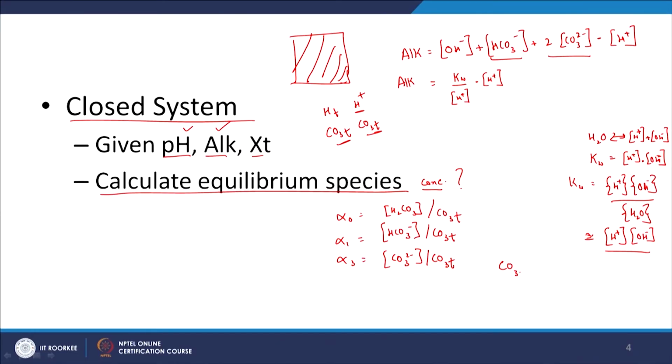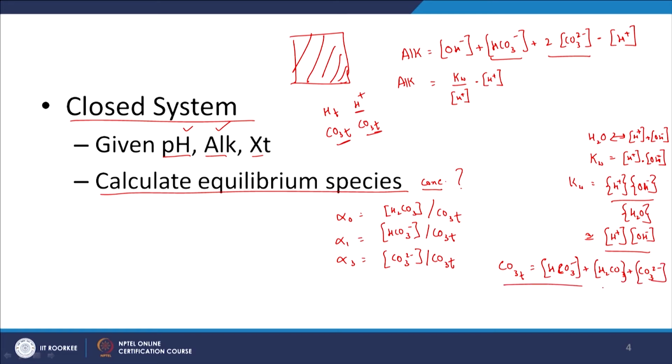So for example, the relevant species for us are HCO3 minus and CO3 2 minus. So how can we express them? Alpha 1 is equal to HCO3 minus by CO3 total, and alpha 2 is CO3 2 minus by CO3 total. And what's CO3 total now? In general, CO3 total in this case should be equal to HCO3 minus plus H2CO3 plus CO3 2 minus, right, the total acid concentrations.